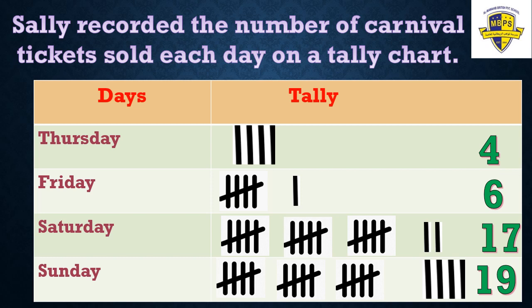So we have 5, 10, 15. And how many more standing lines can you see? We have 4 standing lines more. So after 15, you're going to count 16, 17, 18, 19. So how many tickets are sold on Sunday? Very good. 19 tickets are sold on Sunday.